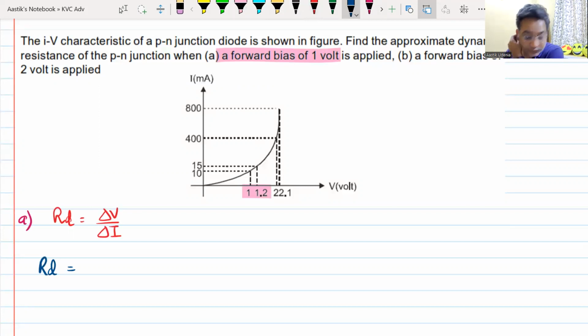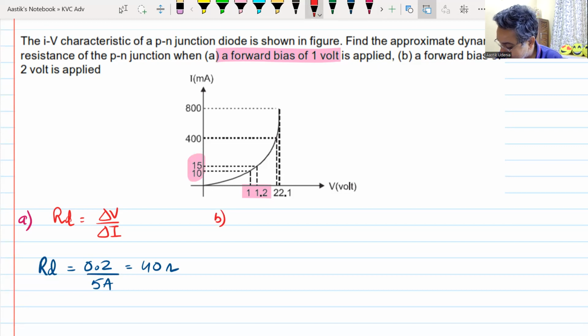And as you can see, the voltage is changed by 0.2 volt. Do we see this? Yes, sir. And the current changes by 5 milliamps. Do we see this here on this side? Yes, sir. So the dynamic resistance becomes 0.2 divided by 5 milliamps. It becomes 40 ohm.